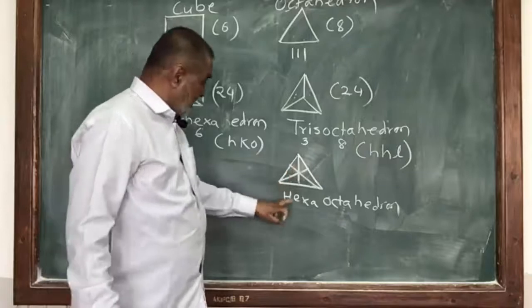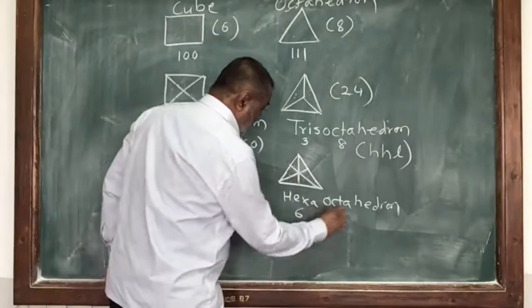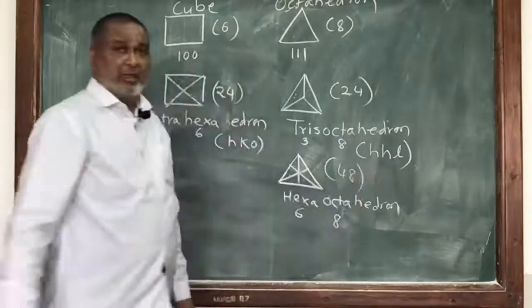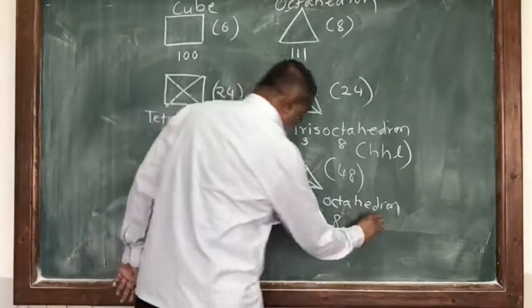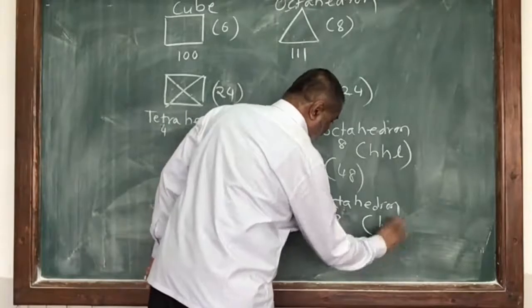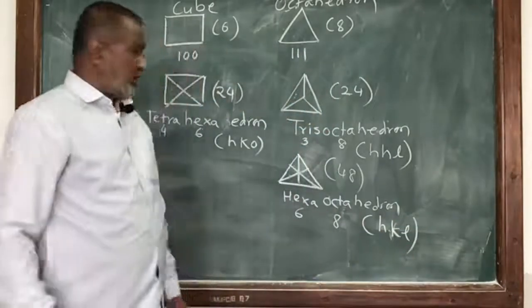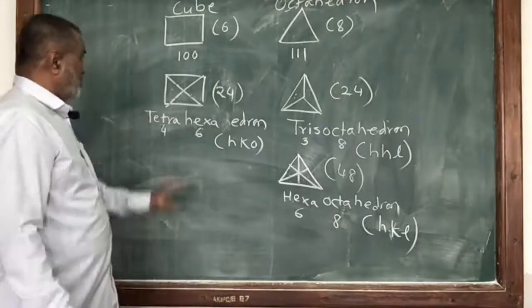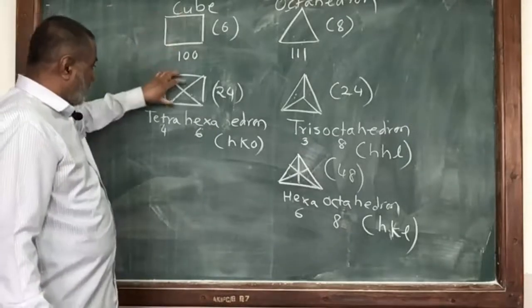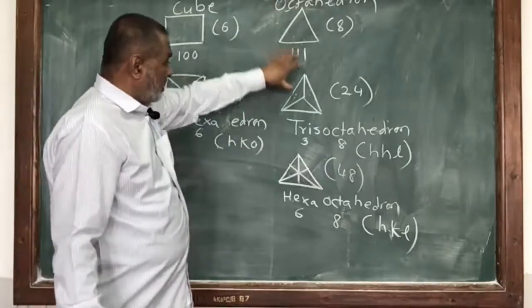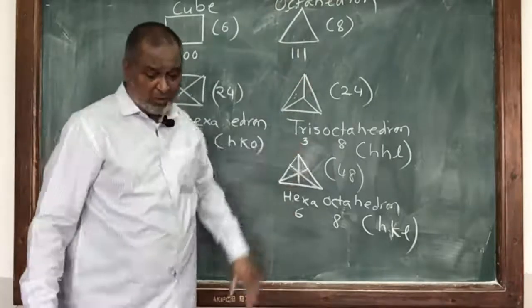So here hexa is 6 and octa is 8, so here we have 48 faces. And now the indices is HKL. So here we have cube, then tetrahexahedron, HK0, then octahedron, trisoctahedron and hexaoctahedron.